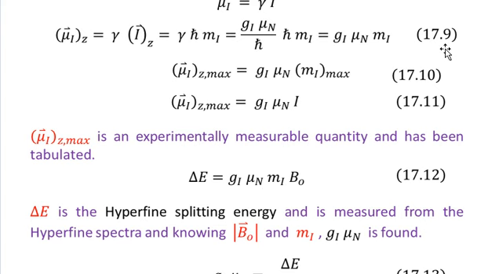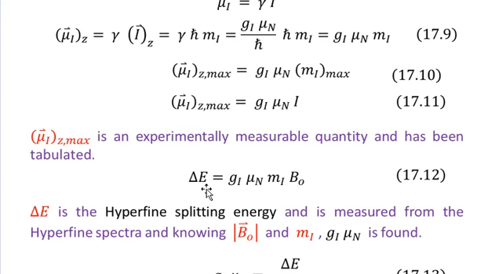From equation number 9, you can see that Gi into mu n into Mi is the Z component of the nuclear magnetic moment mu I. And if you multiply the Z component of the magnetic moment mu I with the magnitude of the external magnetic field B naught, you can get the value of delta E.